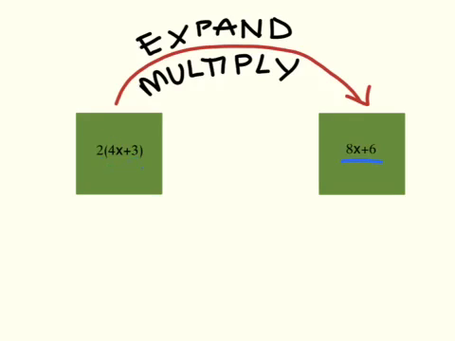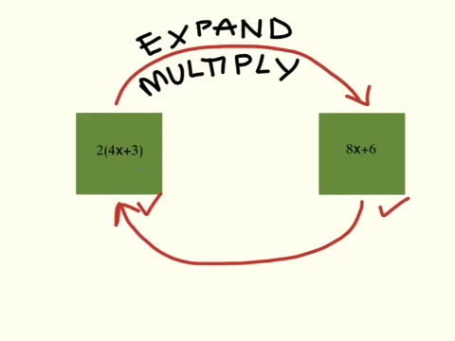Okay, what if we want to go from right to left? Remembering that right to left is the subject of today. That means we are factorising. To move from right to left, we need to factorise. Okay, that is what we're doing today. And we do this by dividing.